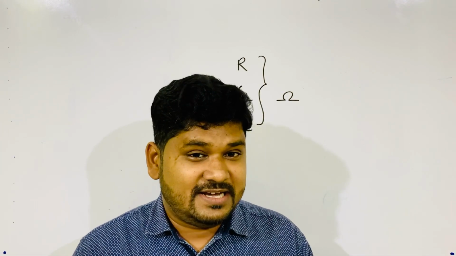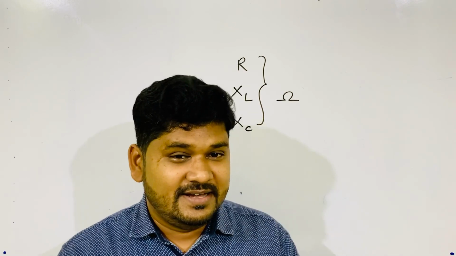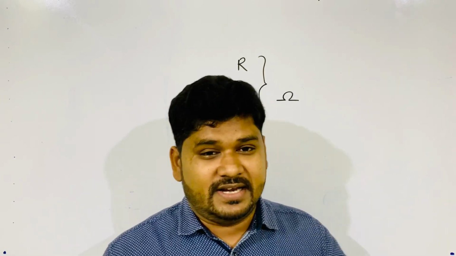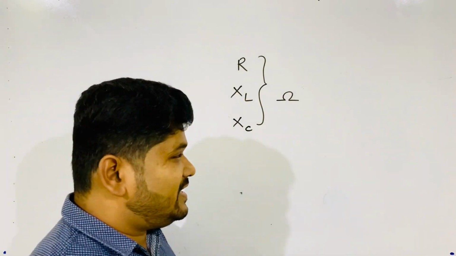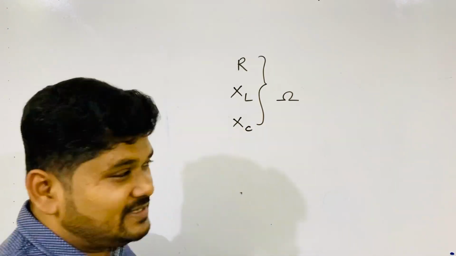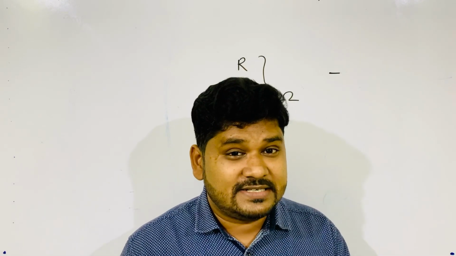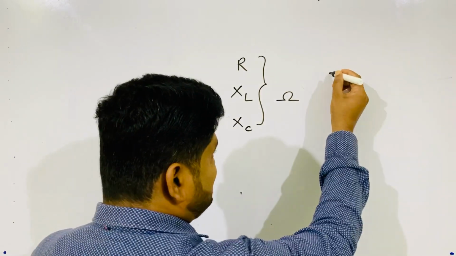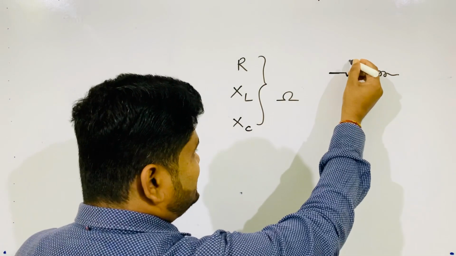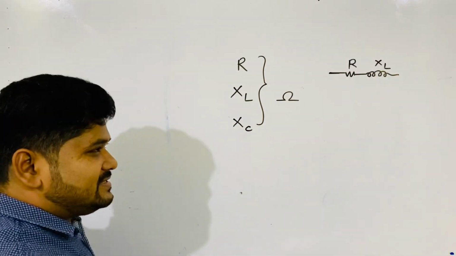But the question now is, if in one AC circuit any one, or any two, or all three are connected. If one is connected, then it's good. But if more than one is connected, then what will the opposition be called? For a resistor and inductor, the opposition is resistance and inductive reactance.